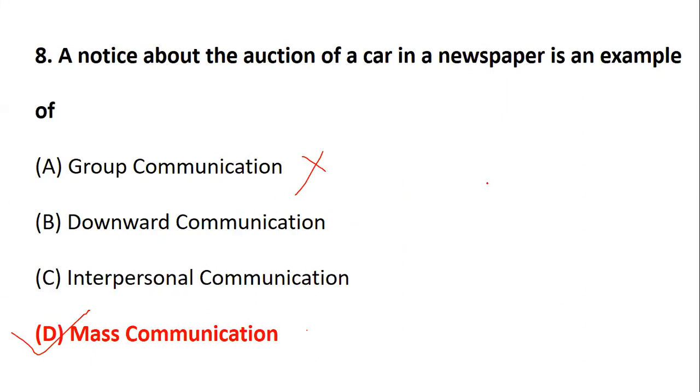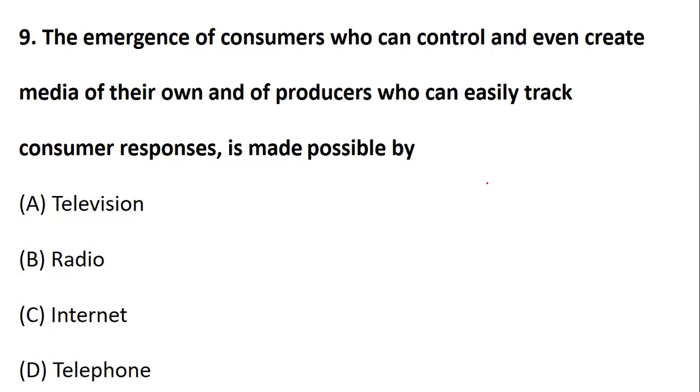A mass communication, right? Coming to the next one, the emergence of consumers who can control and even create media of their own, and of producers who can easily track the consumer responses, is possible by what? Television, radio, internet, telephone. So this can be done with what?